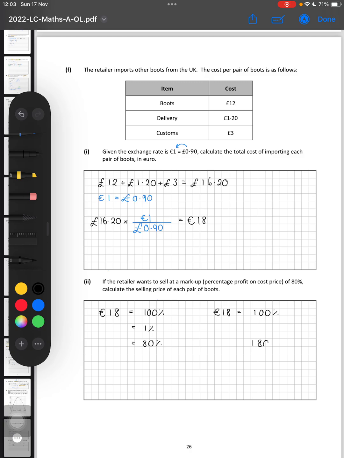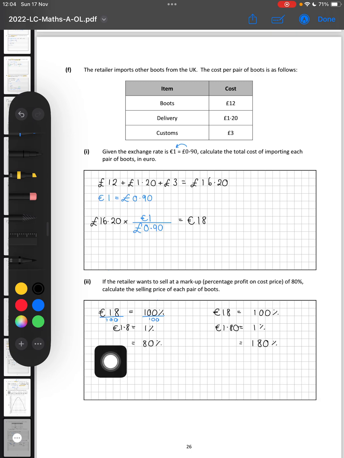Again, we would find 1% and then find 180%. No matter which way we decide to do it, we have to start by finding 1%. How do I do that? I divide by 100, so that we get a value of 0.18 is 1%.